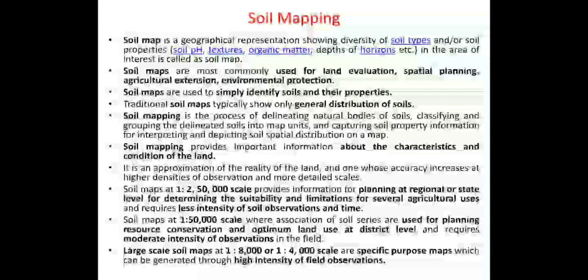These maps are useful for farmers to identify the soil type, to study the types of soil according to pH, texture, structure, and depth of horizons, and finally to choose the crops for planting. This is the main purpose, the important objective of soil mapping.